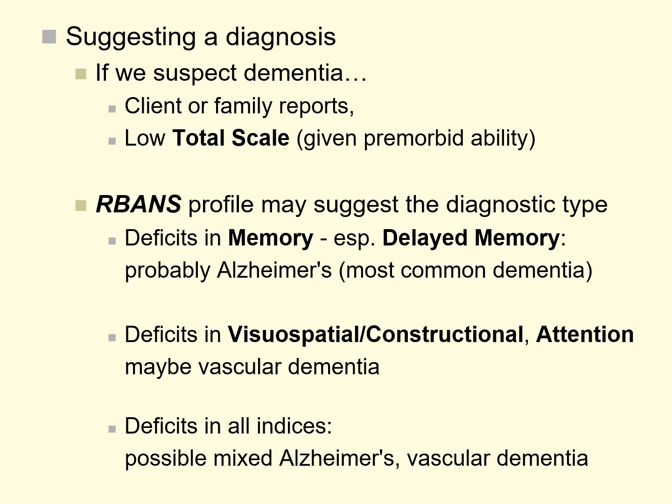Also, we look at whether there's a pattern of loss of functioning that looks like dementia generally. Well, what sort of dementia? It may not be entirely possible to pin it down, but what we can do is look at that RBANS profile to see if it's more likely to be a cortical form of dementia, particularly Alzheimer's disease, or a subcortical form of dementia, particularly vascular dementia.